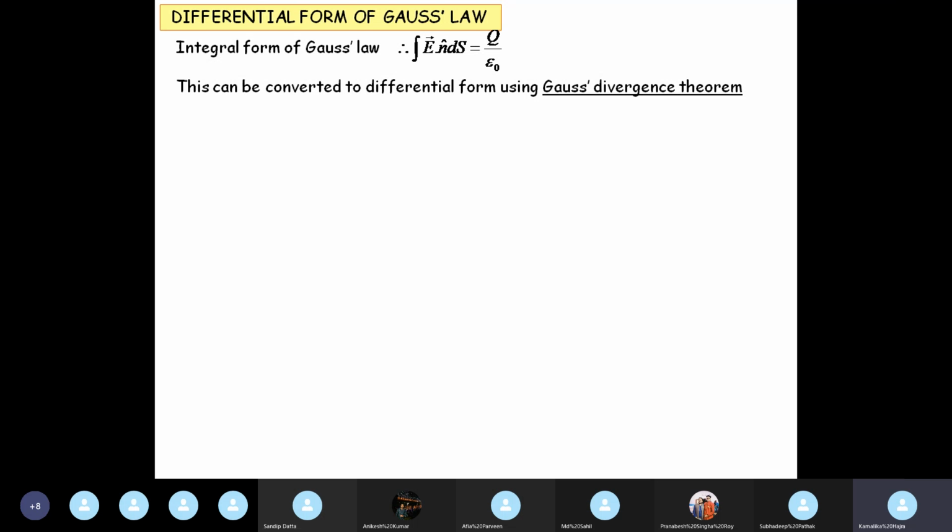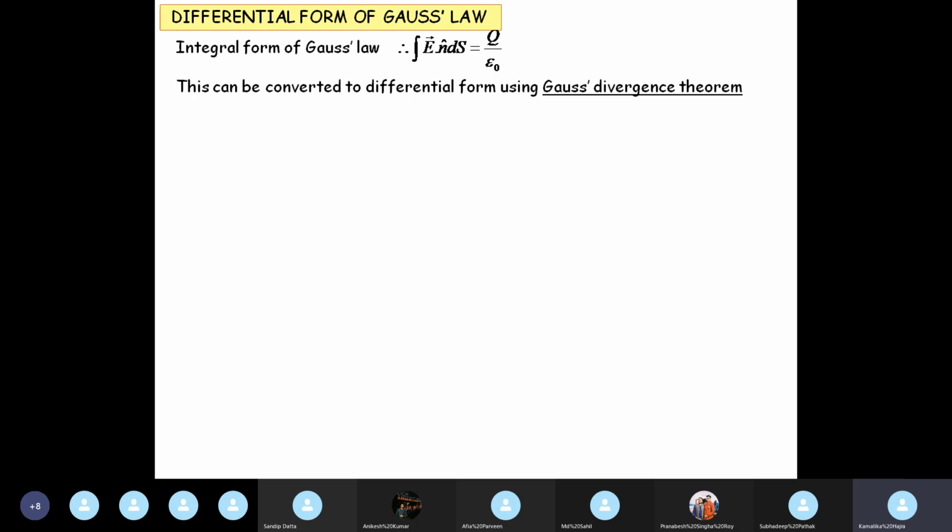If anyone is here who has not done those classes or who is not aware of Gauss's divergence theorem or Stokes theorem, we will use Stokes theorem eventually, maybe in our next class. If you are not aware of this, then please go through the LMS notes on vector analysis that I have provided, or you can go through the videos of the recorded classes that are there on my YouTube channel where these explanations are given.